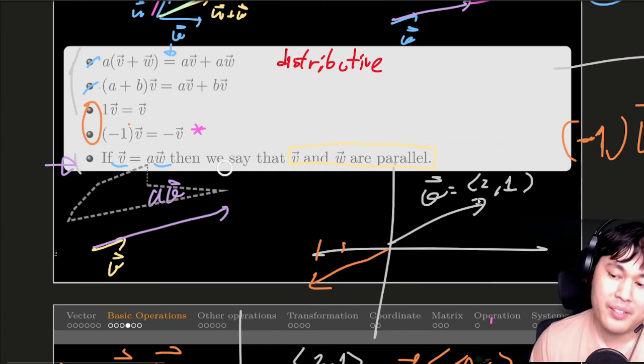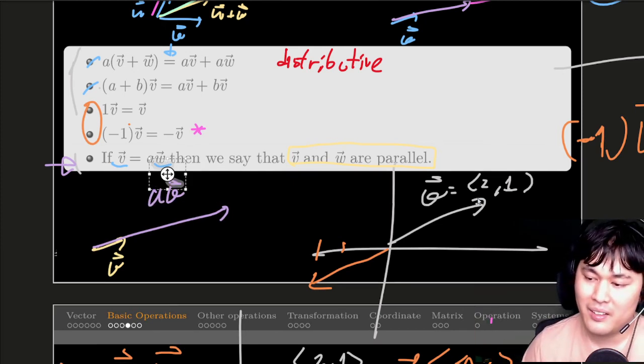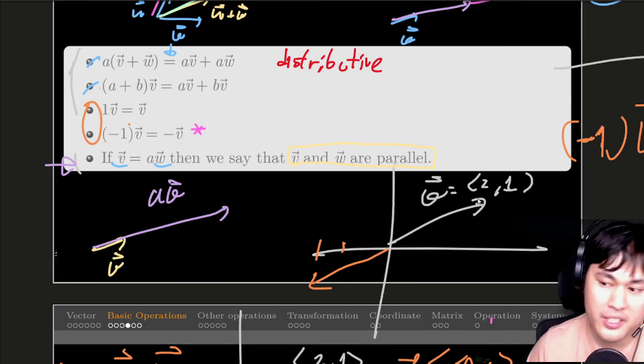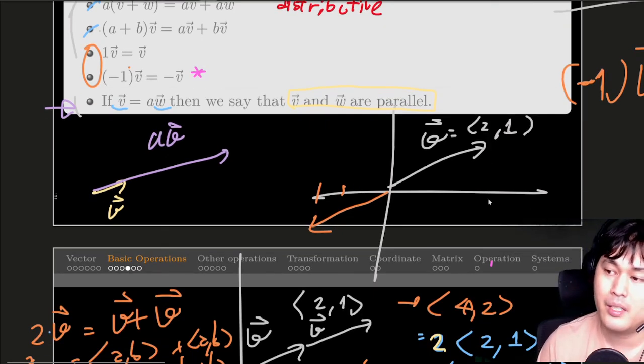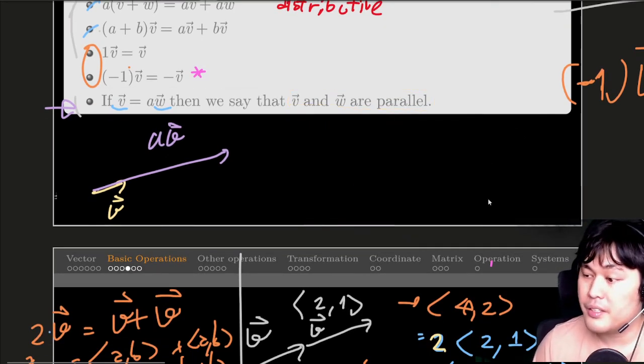But sometimes they are not at the same origin. Sometimes they don't have the same initial point.